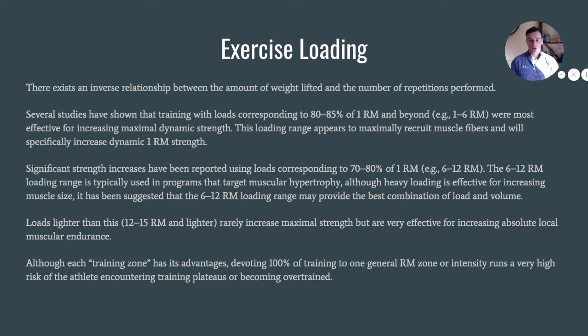All right, and although each training zone has its advantages, obviously devoting 100% of training time to one zone runs a very high risk of the athlete either encountering plateaus in their training, becoming overtrained, or obviously worst case, getting injured.